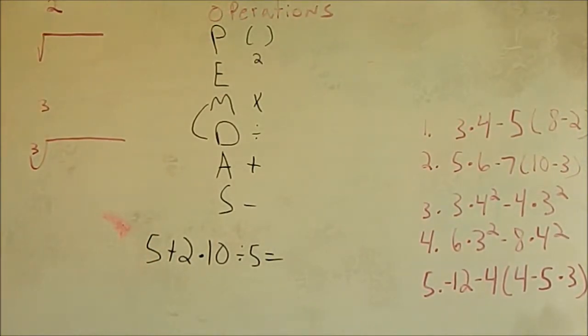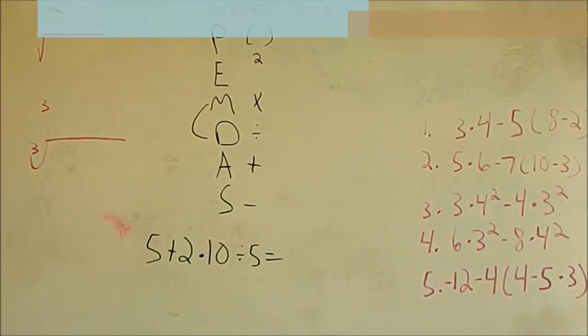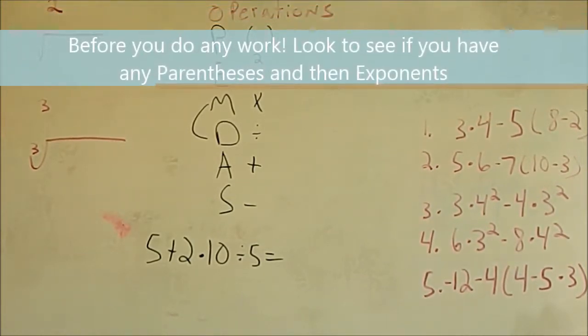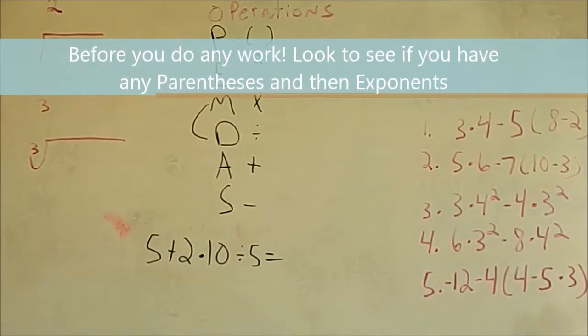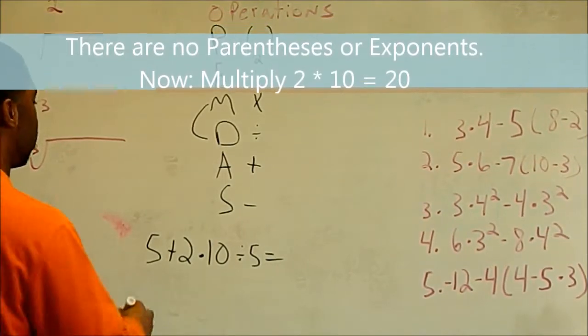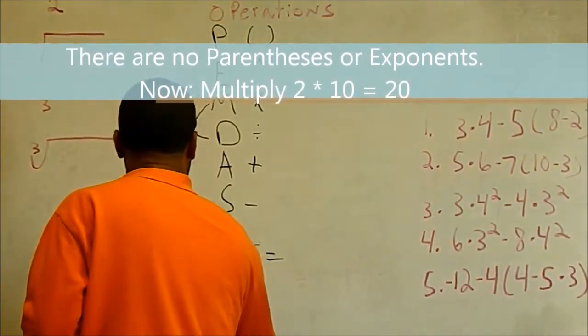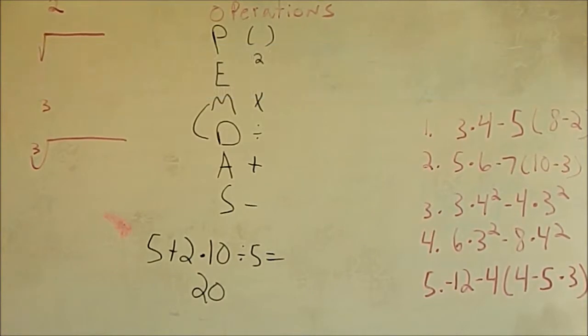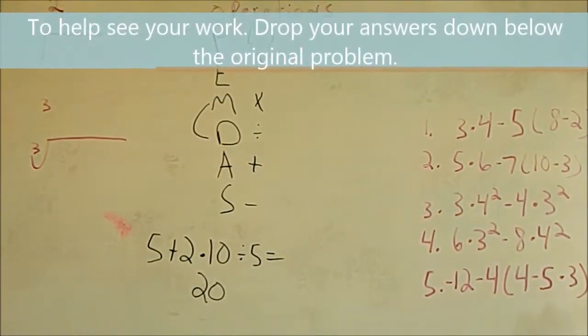When I'm looking at my order of operations, what's the very first thing that I should do? Do you see parentheses up there? Multiply. Multiply the 2 and the 10, and what do I get? 20. Now, once I do that, and this is how I encourage you guys to write the problem, right under your problem so you can see what it is that you're doing.